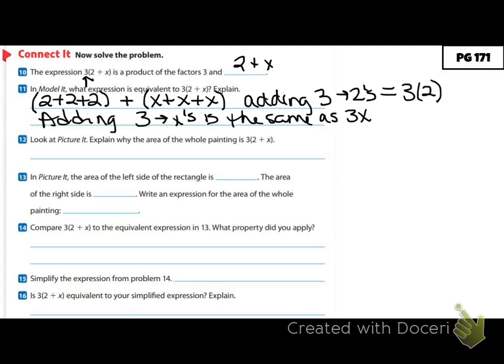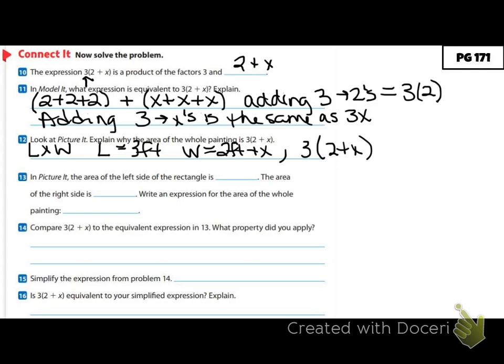Explain why the area of the whole painting is 3 times (2 plus x). So for this one, we have to think back. To find the area, it's length times width. So it showed us that our length is equal to 3 feet, and our width is equal to 2 feet plus x, some number of feet there. So it would be 3 times (2 plus x).